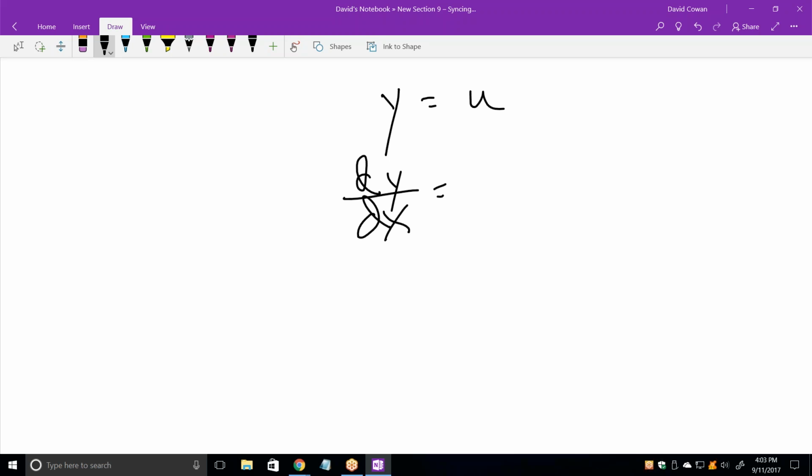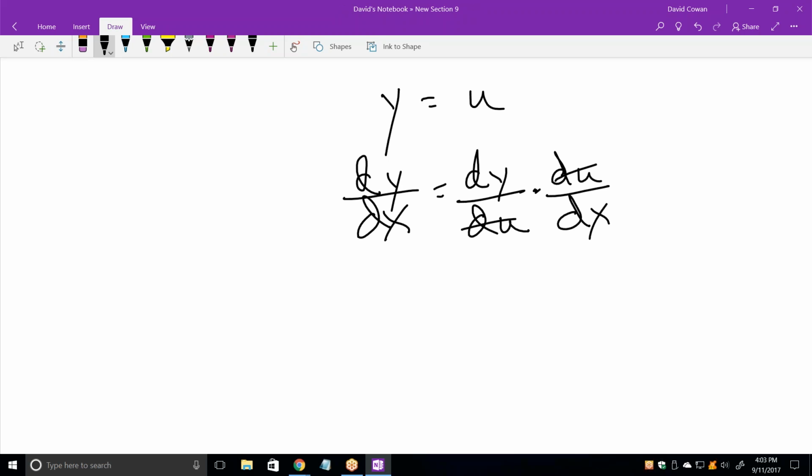The best I can do is take dy/du, and then if I multiply that by du/dx, look what you end up with. Treat it just like fractions. They're not fractions, but you can most of the time treat differentials as if they're fractions. In other words, that goes away, you end up with dy/dx.